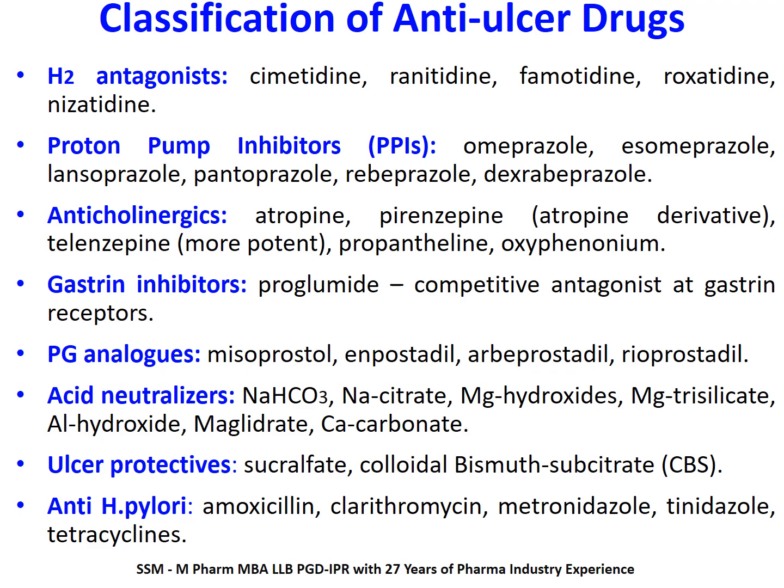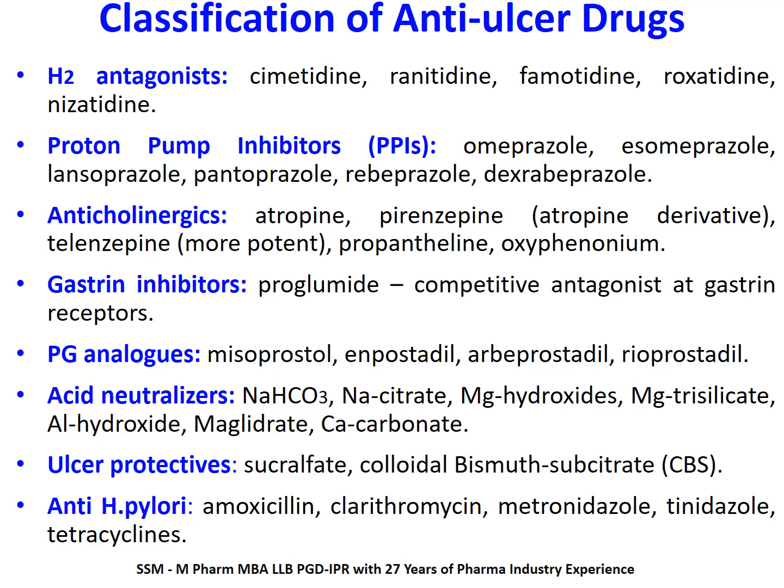Next class is gastrin inhibitors, which inhibit the gastrin release. If there is no gastrin release, then gastrin will not act on parietal cell, and it will not release histamine from ECL cell, and that will also lead to the decrease in acid secretion. Example is proglumide, which is a competitive antagonist at gastrin receptors and prevents the action of gastrin.